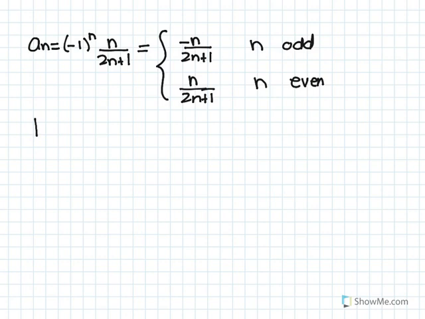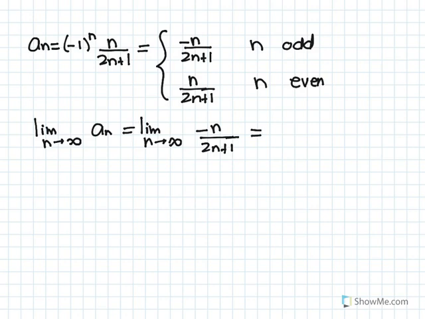So let's take the limit as n goes to infinity of an. We get the limit as n goes to infinity of -n divided by 2n plus 1. Dividing by the highest power in the denominator and taking a limit, we get -1/2. The limit of the nth term an is equal to -1/2 when n is an odd integer.